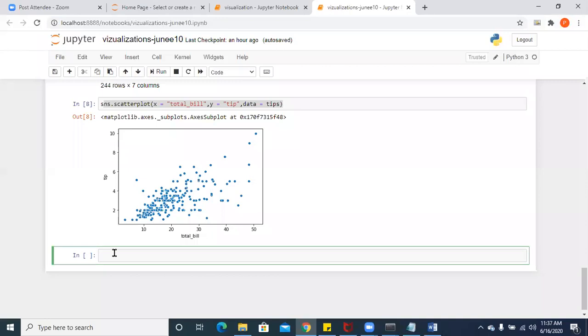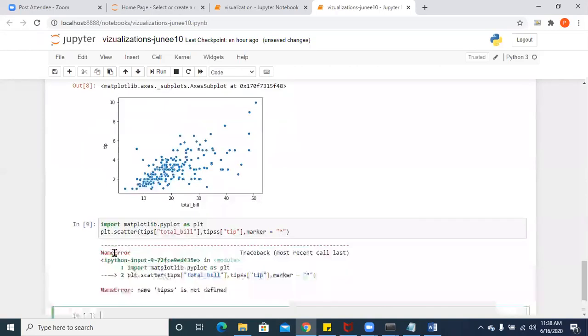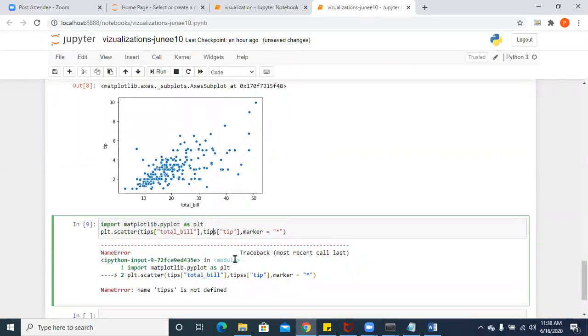How can you draw with the help of matplotlib? First import the matplotlib library. Then plt.scatter of tips total_bill, comma, tips tip, comma, marker equals star.